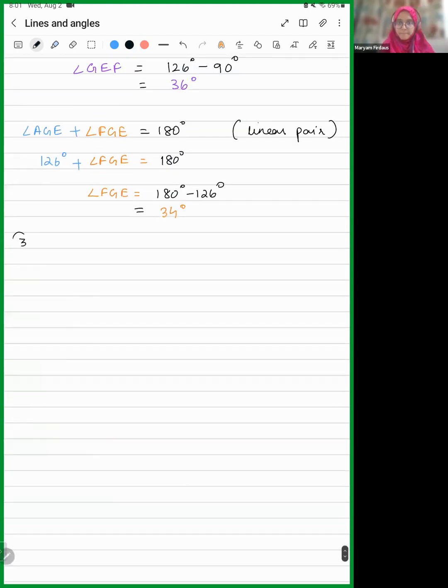Question number 3. This is a line. And this is another line. And it's going like this. And this is our P. This is our Q. This is R. This is 130 degrees.